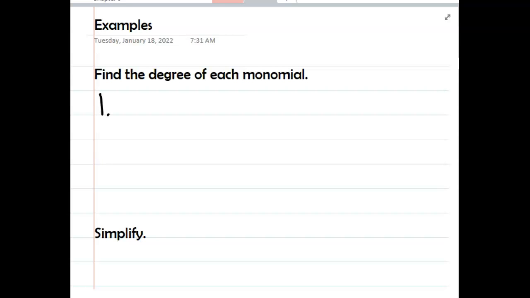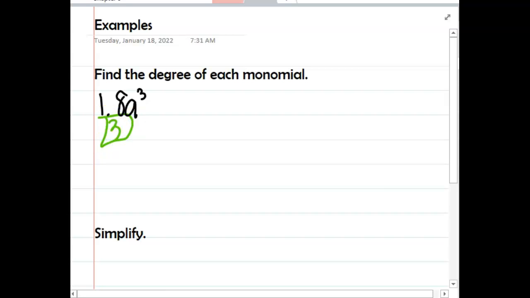So if you're just looking at one term, you're adding the exponents of the variables. So if I have 8a cubed, if I just have one variable, that's your degree right there. This is going to be the 3rd degree. So its degree is 3.